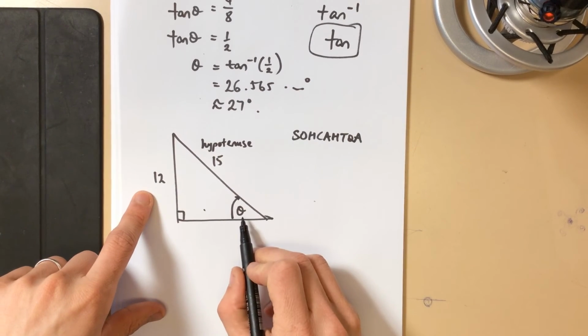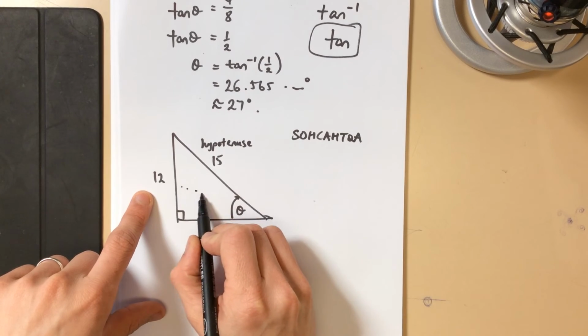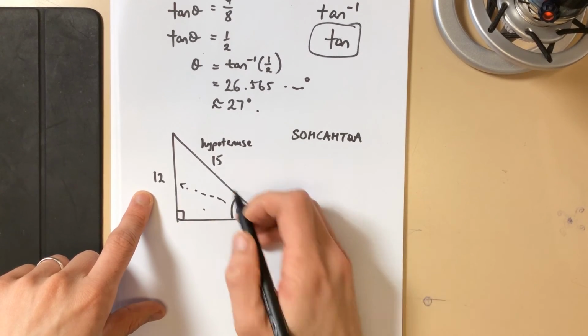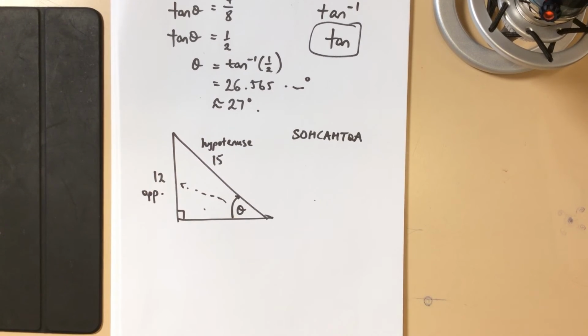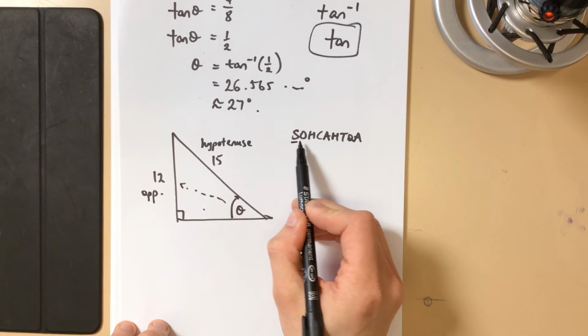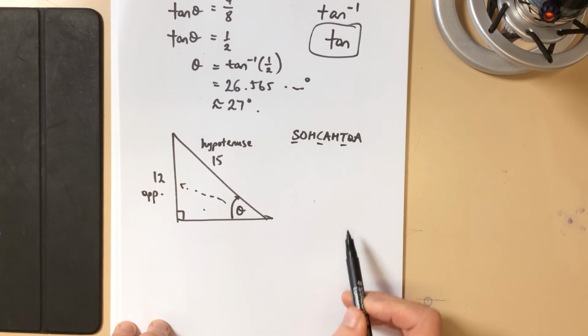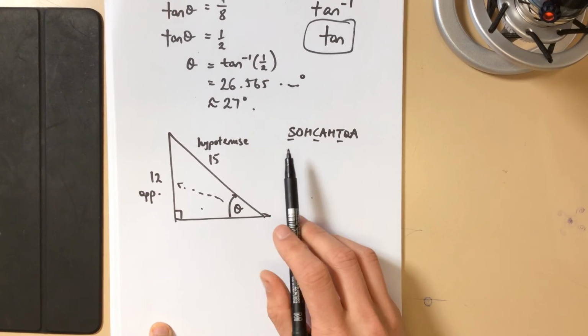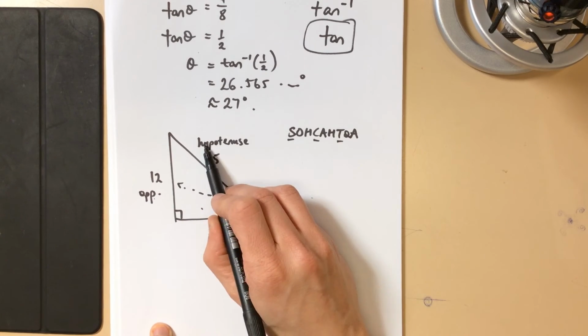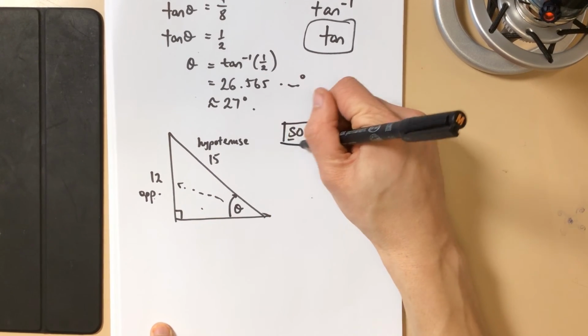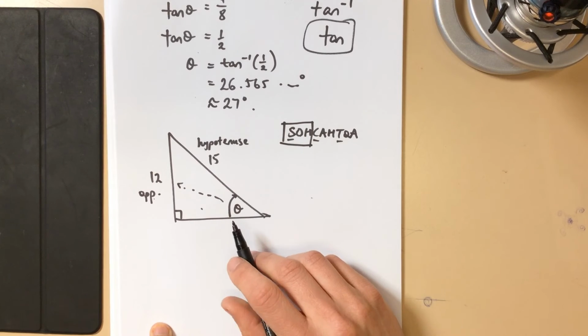This 12 is opposite the theta, you can see it's facing it. So this is the opposite side. Then I have to think, out of these 3 trig ratios, sine, cos, tan, which one compares the opposite side with the hypotenuse, O and H? And the answer is it's sine. You can see it's got opposite and hypotenuse there.